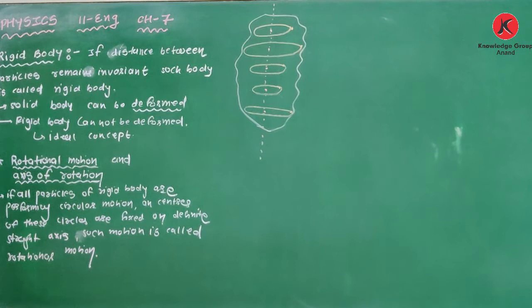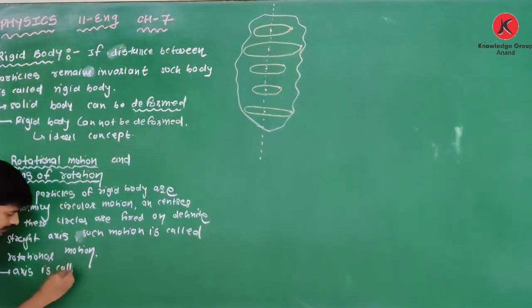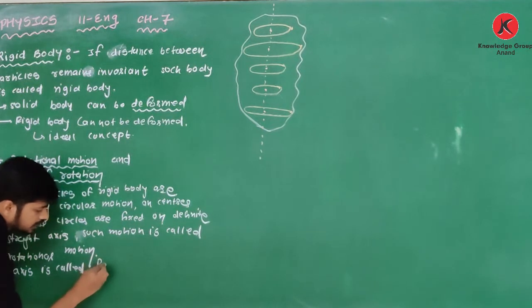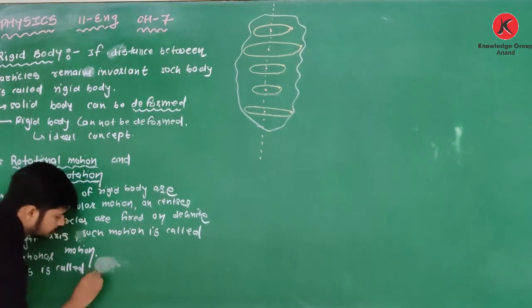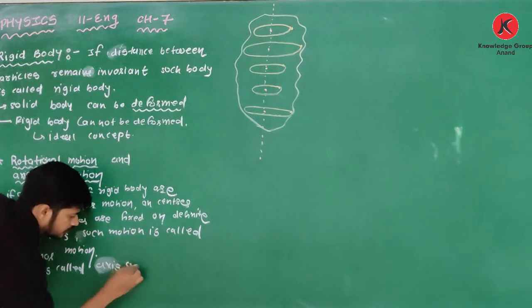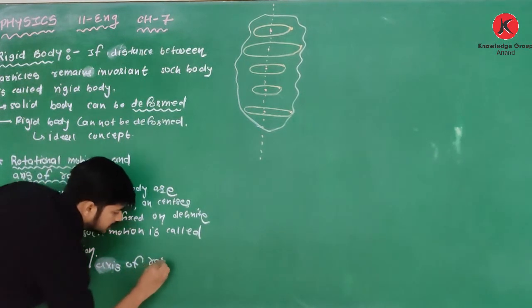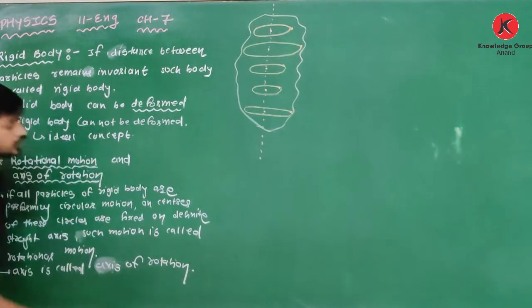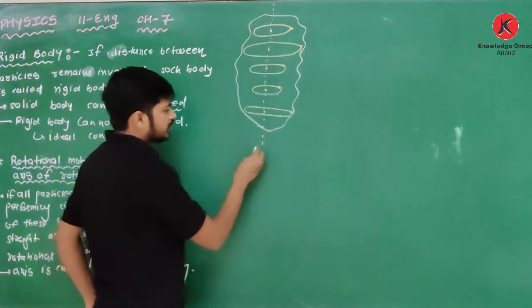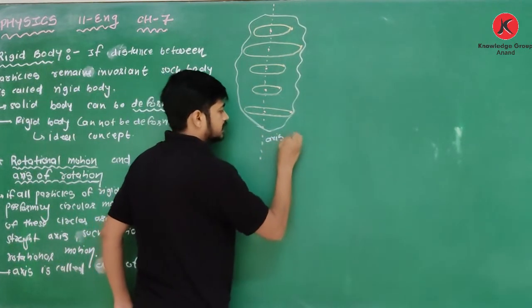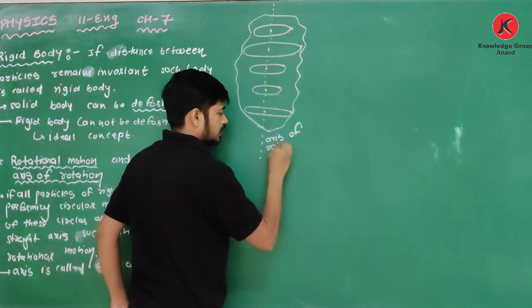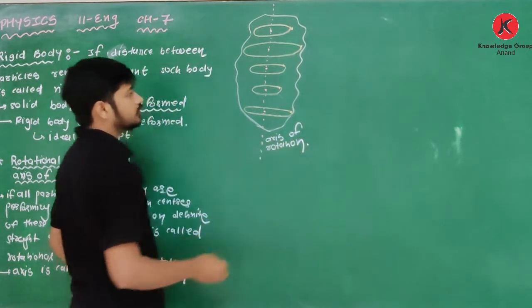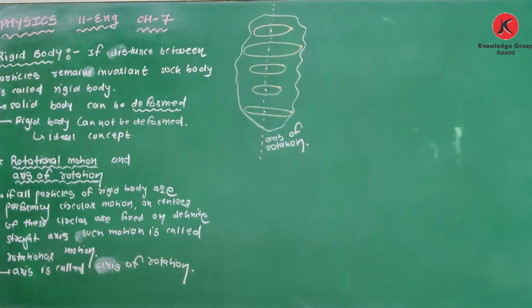Clear about this? Such motion is called rotational motion, and the axis is called rotational axis or axis of rotation. This imaginary line is called axis of rotation. So it is rotational motion.